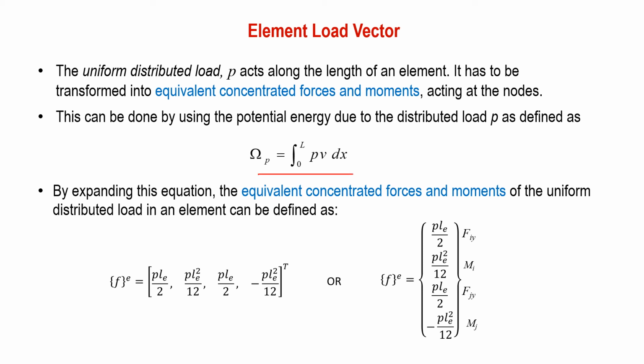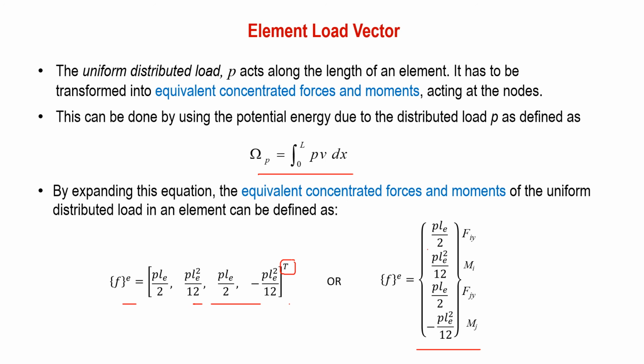By expanding this equation, the equivalent concentrated forces and moments at the related nodes can be defined as follows. Either you define it in this way, or in this way. They are similar equations, one with transpose, one without transpose.